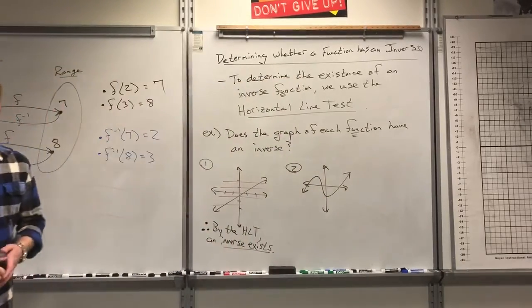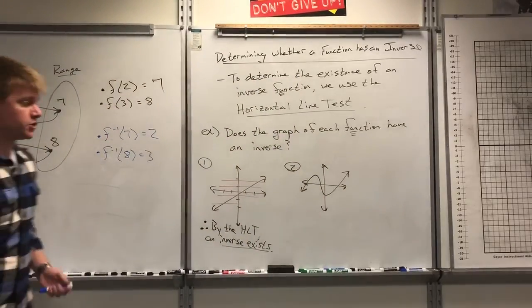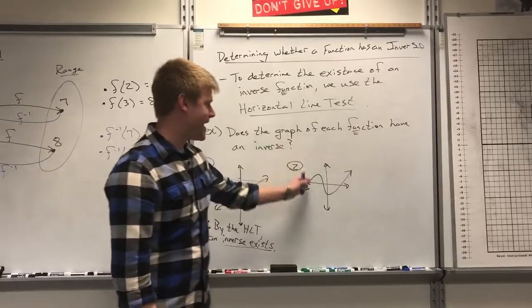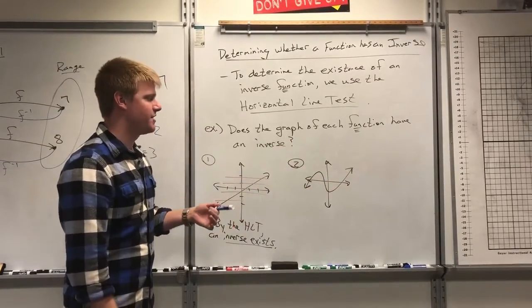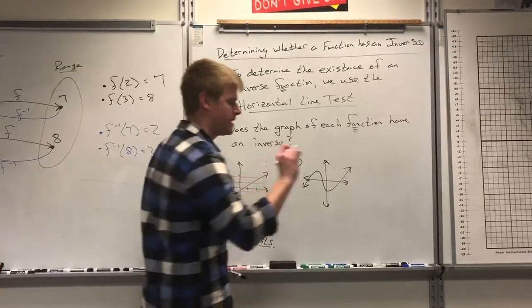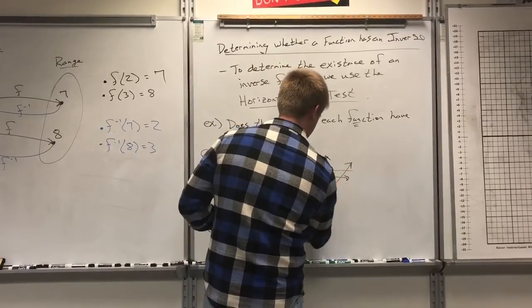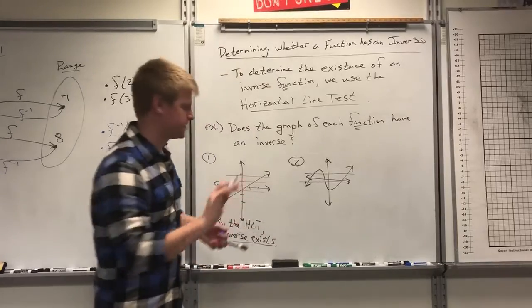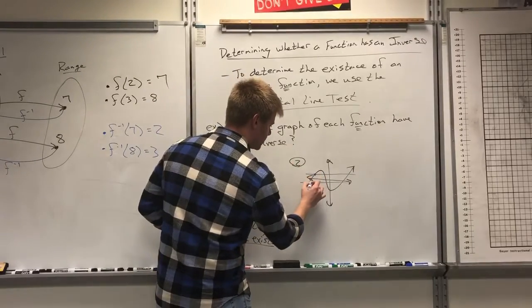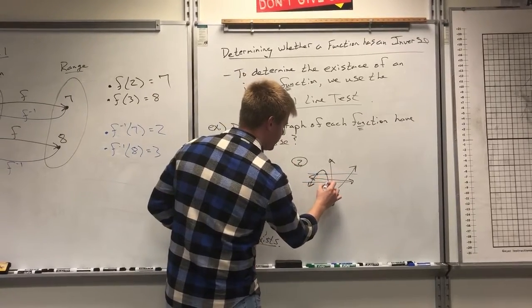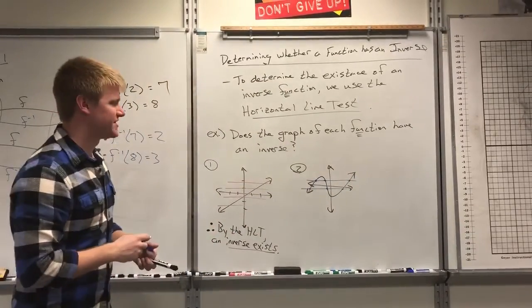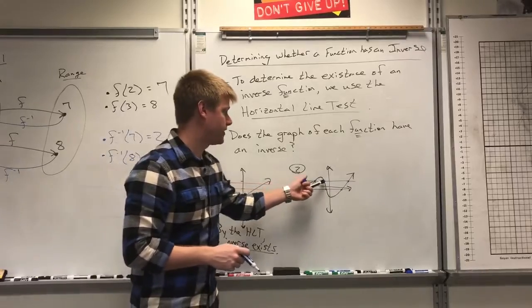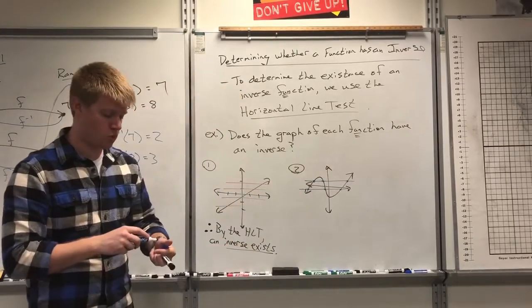Let's say I have this function on a graph. It is a function because it passes the vertical line test. However, this is an example of a function that would not have an inverse, because if I take any number of horizontal lines, what you can see here is I'm going to be hitting this graph in three different places with the same horizontal line.